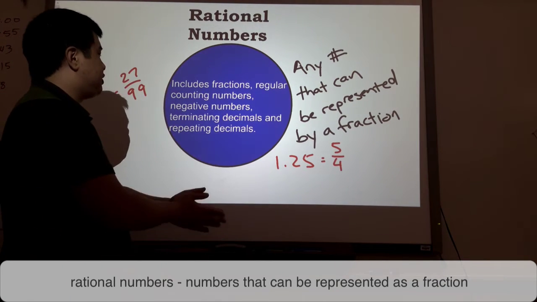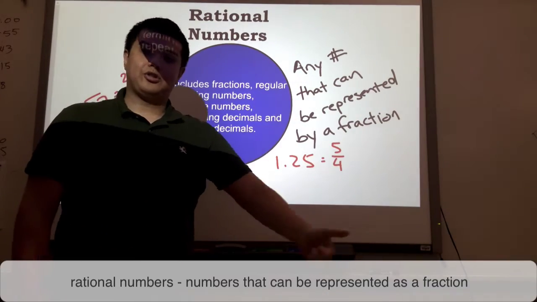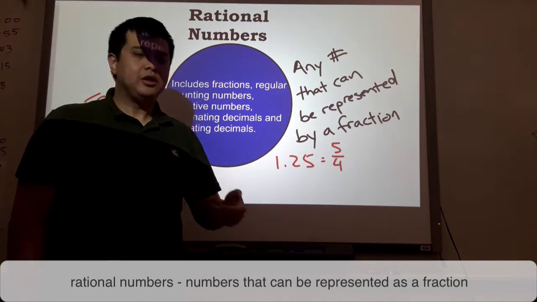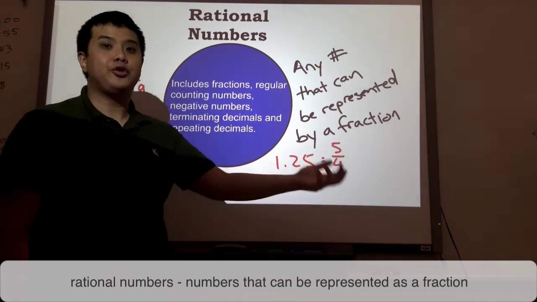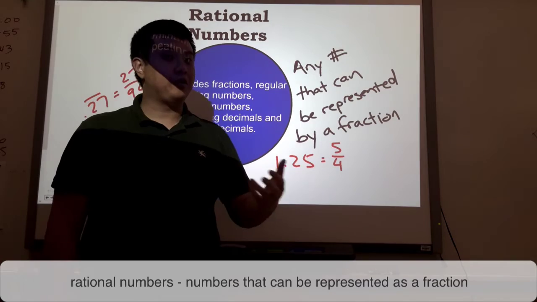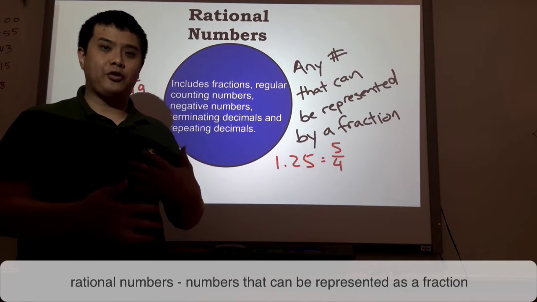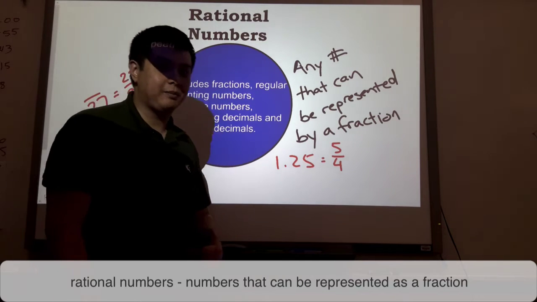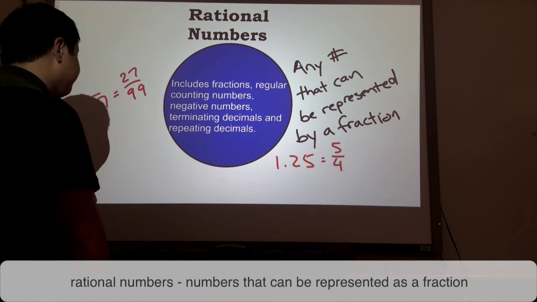So rational numbers again include natural, whole, and integers, but they also include any number that can be represented by a fraction, including repeating decimals. And again, we'll show that tomorrow, that any number that repeats over and over as a decimal can be represented by a fraction, such as 0.27 repeating.